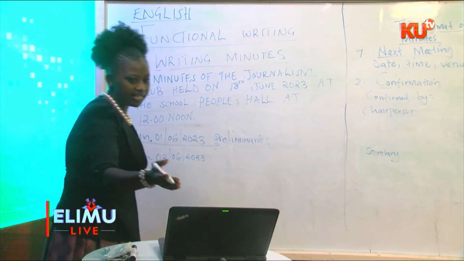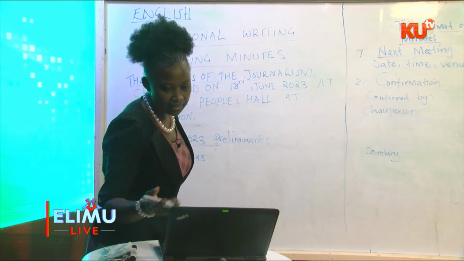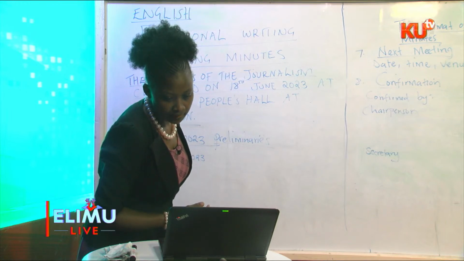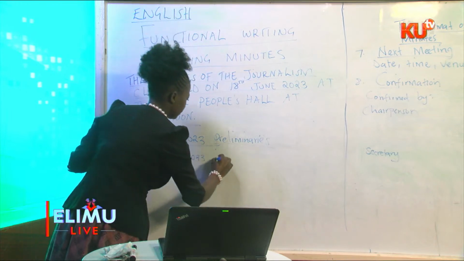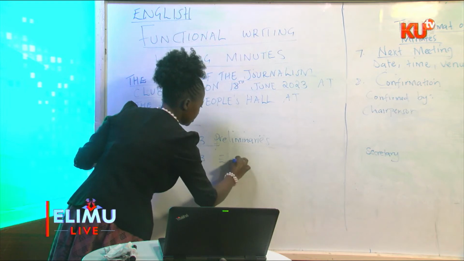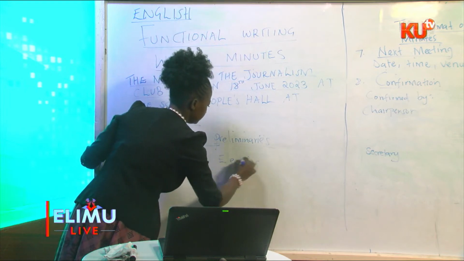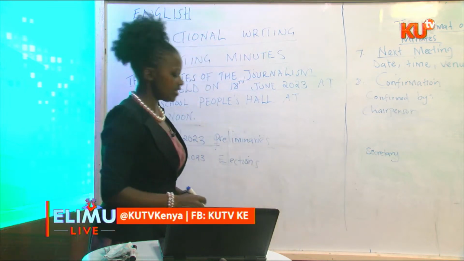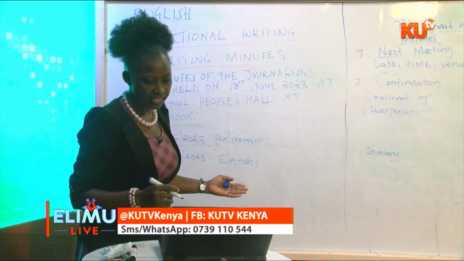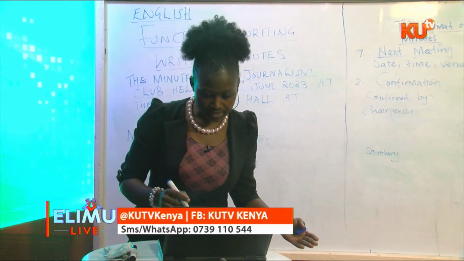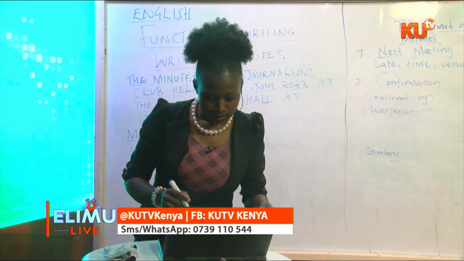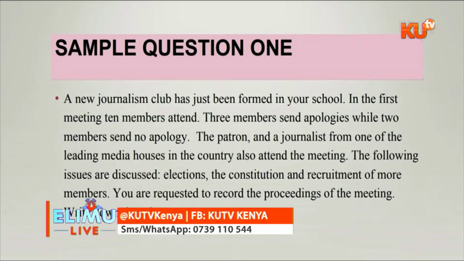Then we have these items, so we will pick the first item, which is elections. And you have elections. Then minute 3 will be the next item, which is the constitution. Then minute 4 will be recruitment of new members. Then that is how you're going to minute it, like that.